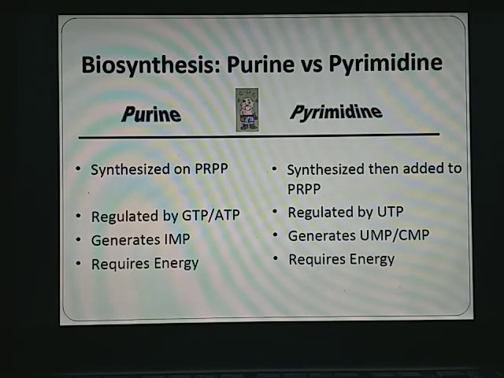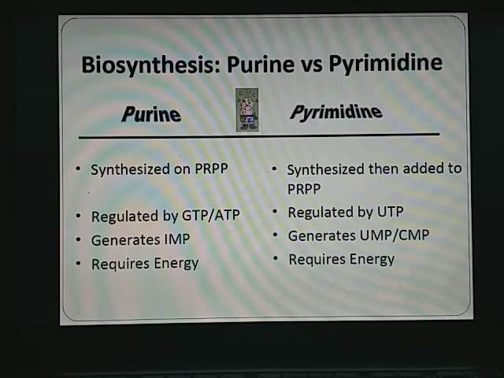Then the difference between the purine and pyrimidine synthesis. The purine ring is synthesized on ribose 5-phosphate, which is donated by phosphoribosyl pyrophosphate.